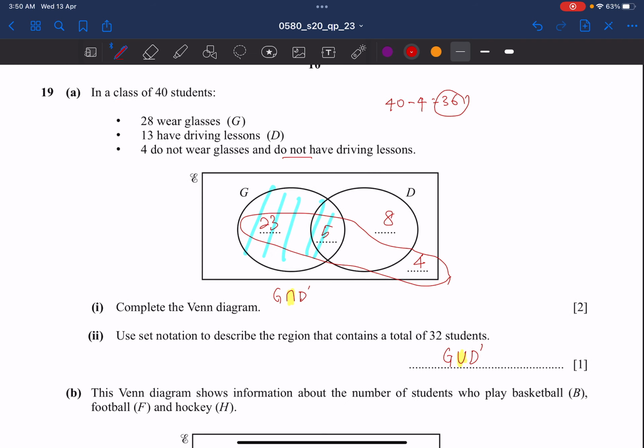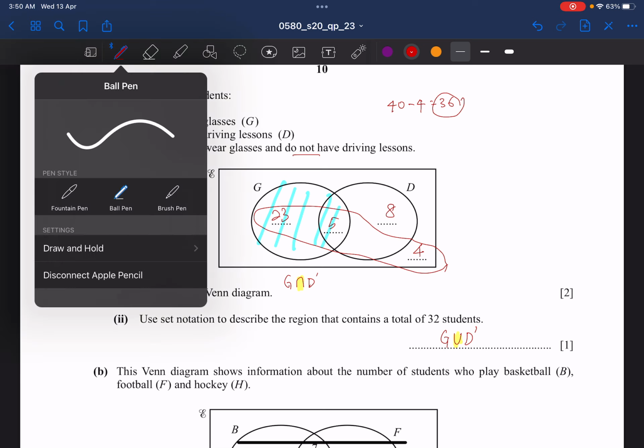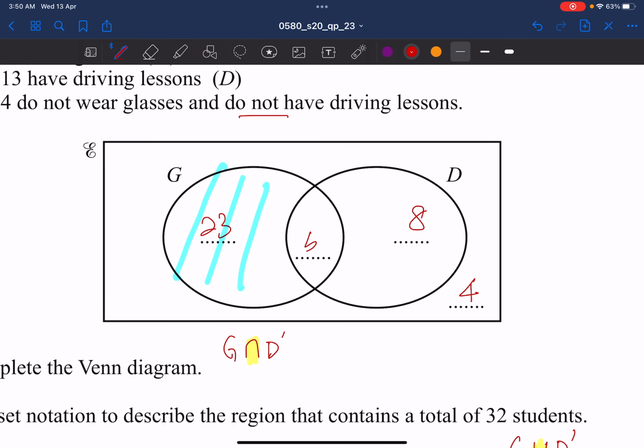All right, then, oh no, this is in G but not in D. This should be, sorry, this is here. Right, this region is this one.